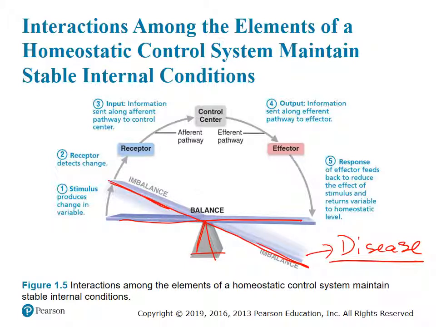They're failing. So we have to do some kind of therapy, medication, whatever, to get them physically back. And that's sometimes where medication comes into play, because we're actually helping the body get this back to normal, medically or chemically. Does that make sense to everybody? That's why this is important. That's why we talk about it in homeostasis, and that's why it's here at the very beginning.